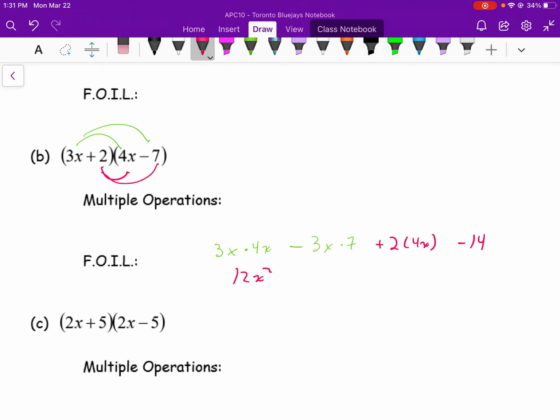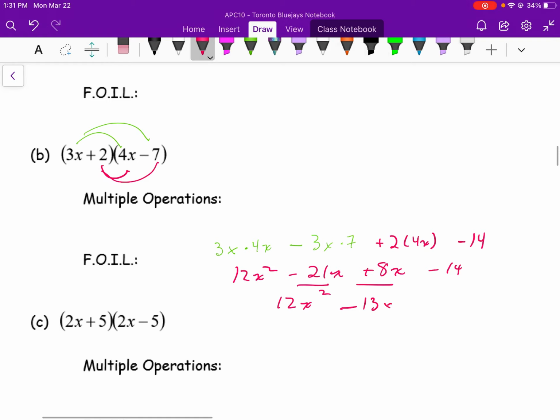And if I clean this up, this would be 12x squared minus 21x plus 8x minus 14, or 12x squared, minus 21x plus 8x. Now I'll try not to mess this up. I think that's minus 13x minus 14. There we have it. So that's what it looks like here.